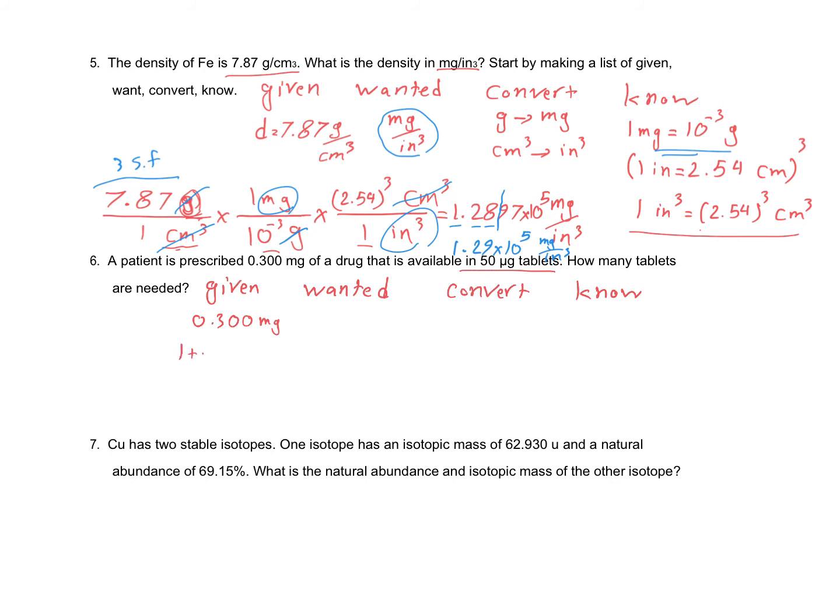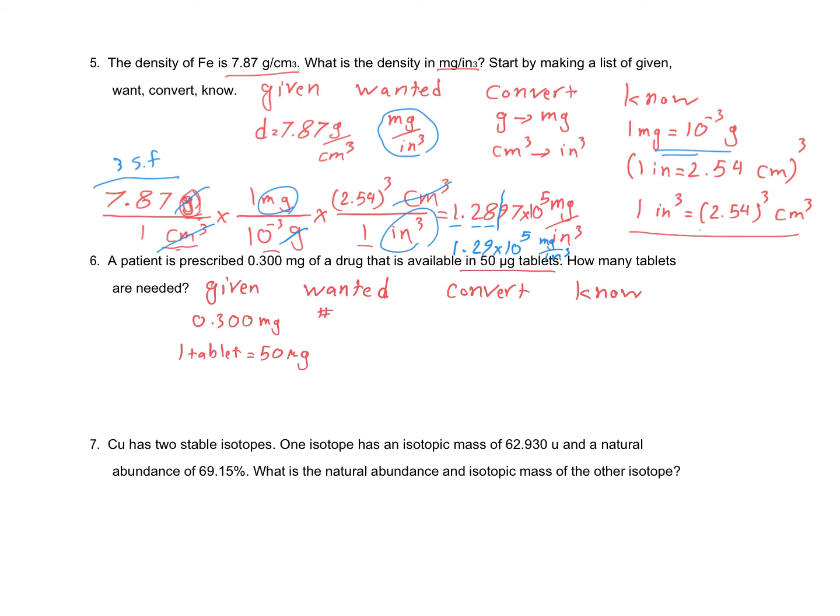So we know that one tablet equal 50 microgram. Okay, it says they're available in 50 microgram tablets. So one tablet is 50 microgram of the drug. How many tablets are needed? So what is wanted? What do we want?